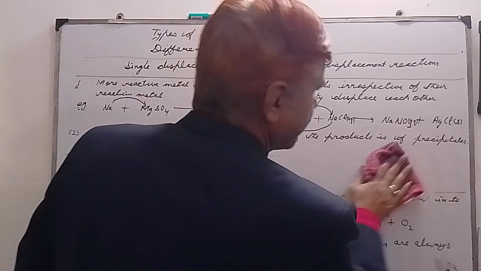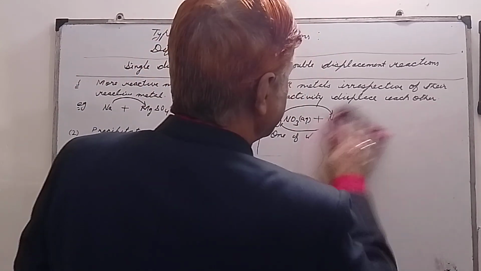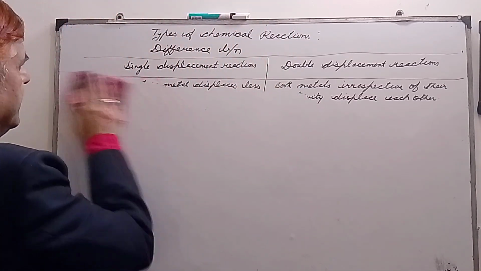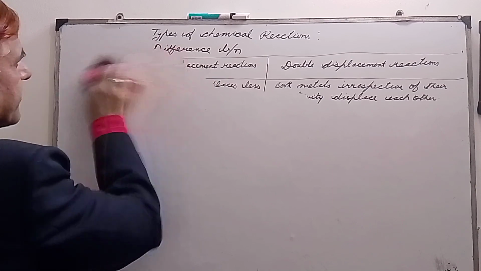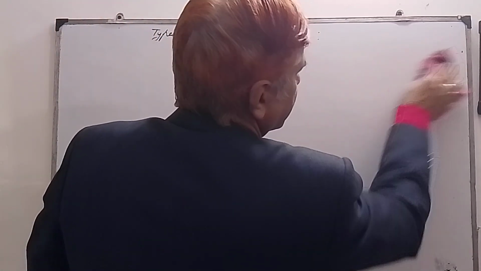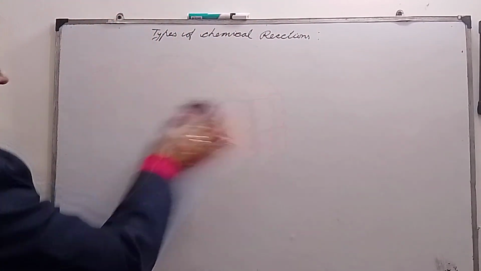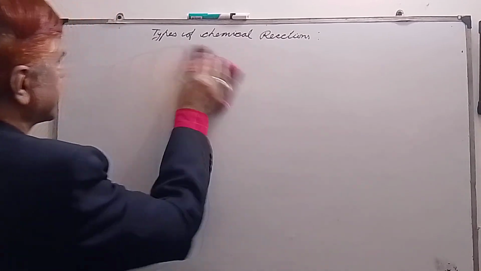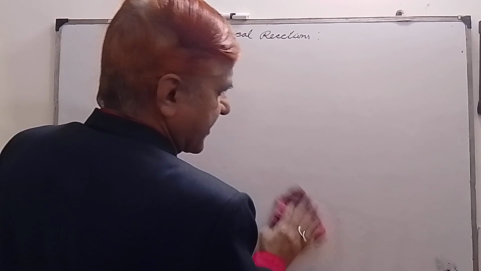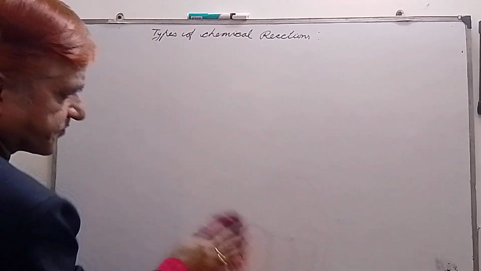I'm sure that you must be able to answer these questions. My dear students, what is needed in studying science is hard work, practice and patience. While I'm writing, you should also write along with me.